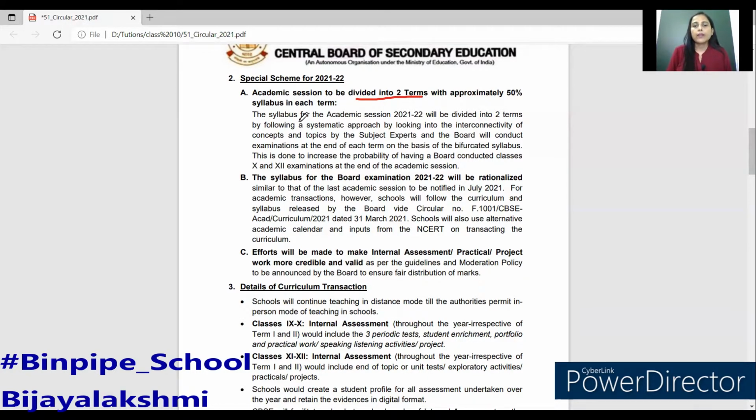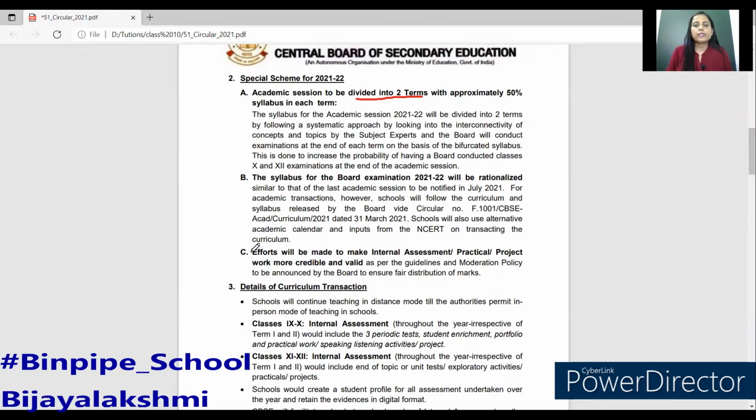And one thing should be kept in mind, that the first term syllabus is not going to be repeated in the second term. The syllabus will be rationalized similar to the last academic session, which has already been formulated in July. So we can get it downloaded from this website.